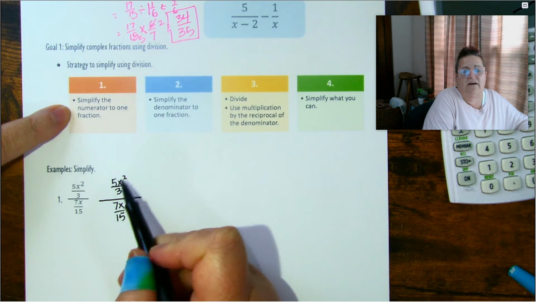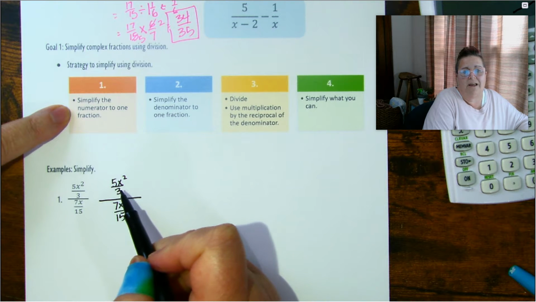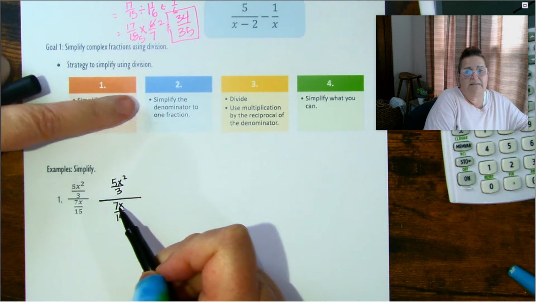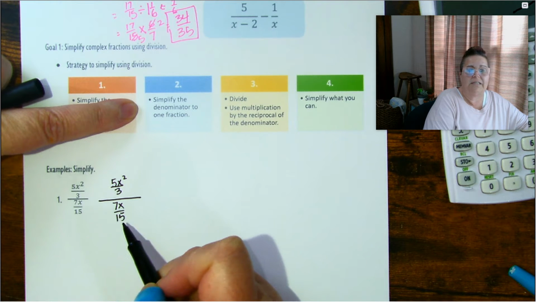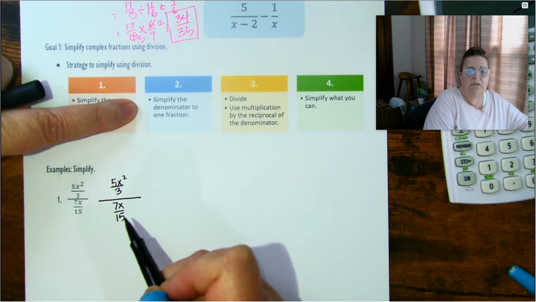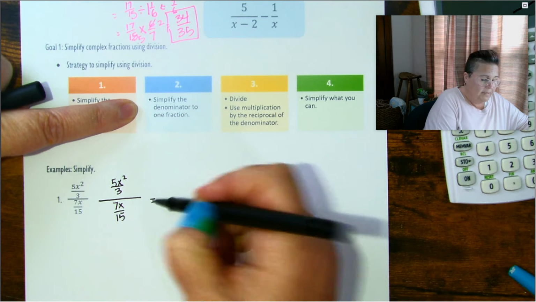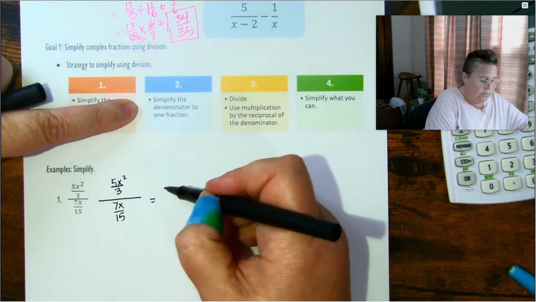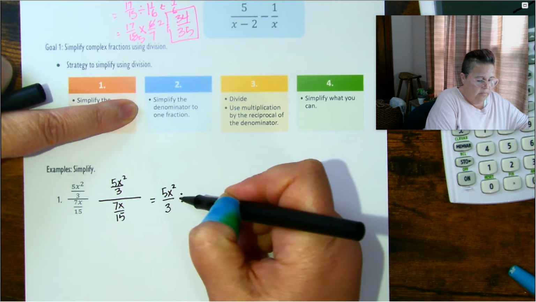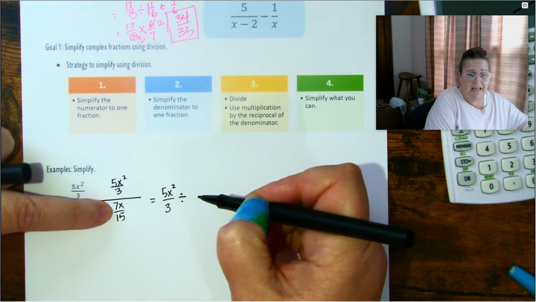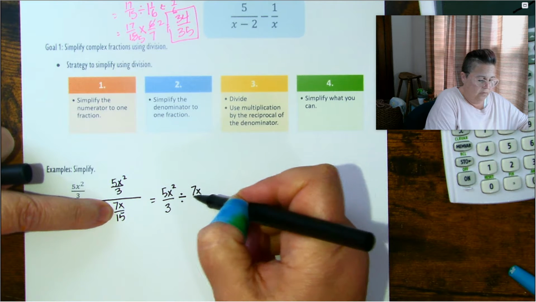Yes, it is. 5x squared over 3 is one fraction. We're going to simplify the denominator to one fraction. Yes, 7x over 15 is one fraction. We're going to rewrite this as division. So this is 5x squared over 3 divided by, that will stay exactly the same, 7x over 15.